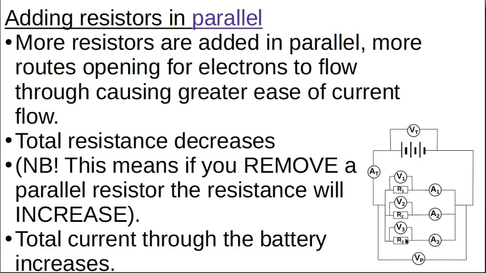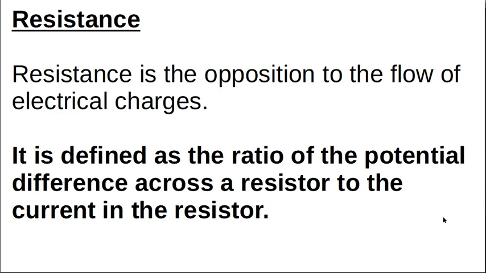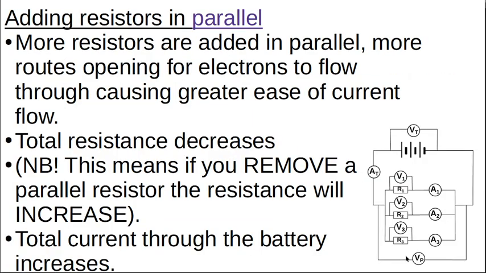So if you take a resistor out, look over here, the resistance actually increases in parallel. It's very weird. We'll look at some calculations with it just now. So the more resistors you put in parallel, the total resistance decreases and the total current through the battery increases. Just strange, and that's the way it is. And we'll come back just now and look at resistance.